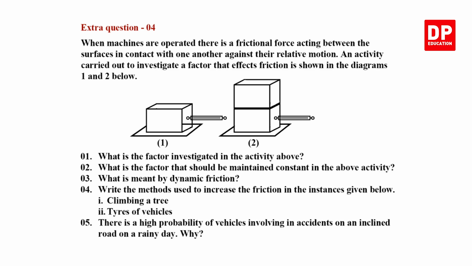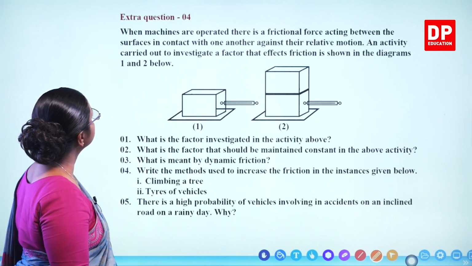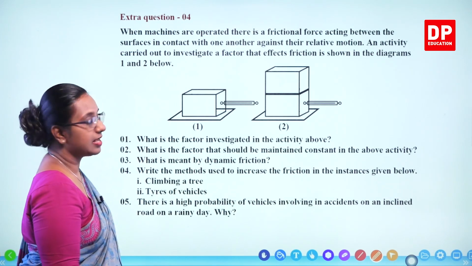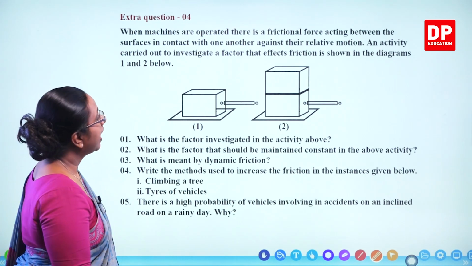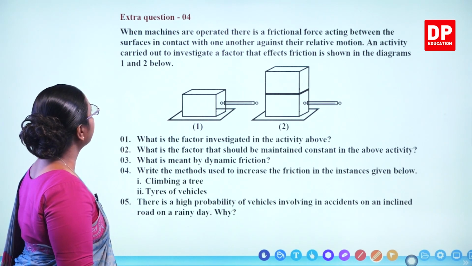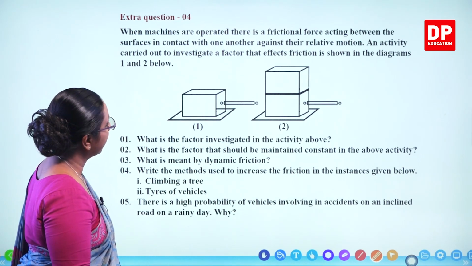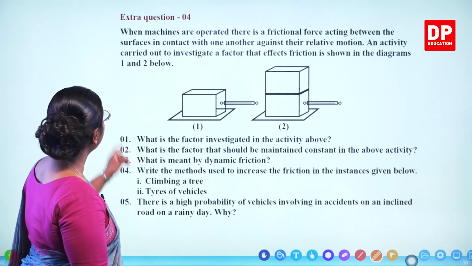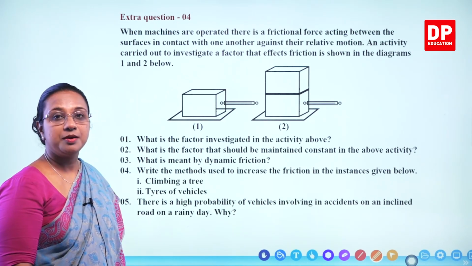Extra question 4. When machines are operated, there is a frictional force acting between the surfaces in contact with one another against their relative motion. An activity carried out to investigate a factor that affects friction is shown in diagrams 1 and 2 below.